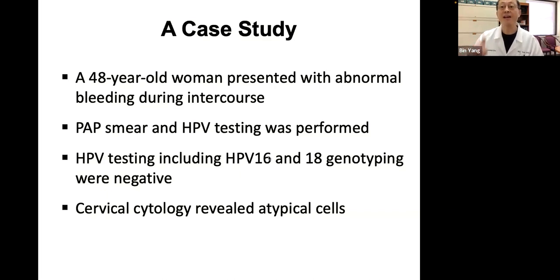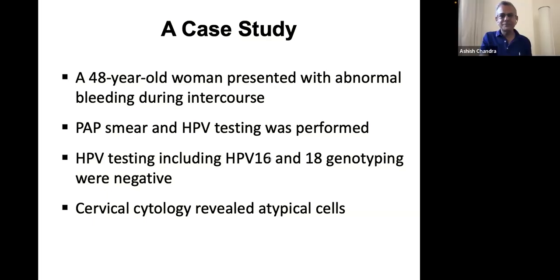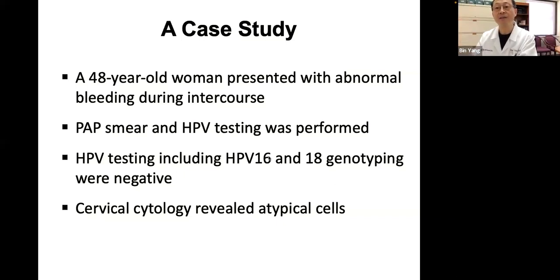Among those, the vast majority are CIN2 and CIN3 involving glands. Then 15% are true AIS, and 5% are endometrial, either hyperplasia or carcinoma. So that's in the HPV positive group, okay?